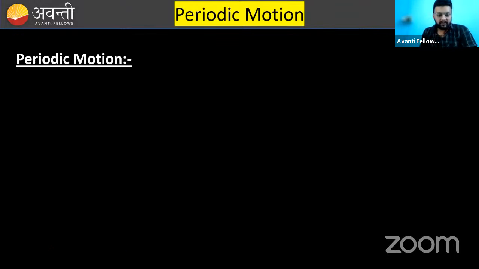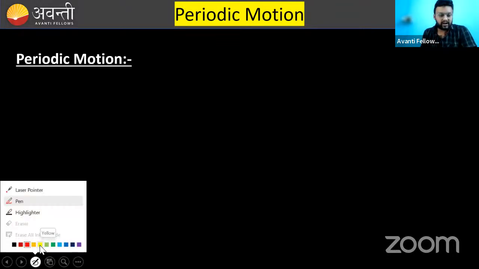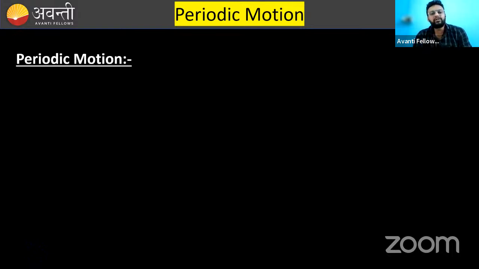First of all, we will start the session with the simple definition: what is periodic motion. If I say any motion which repeats itself after a fixed time is called a periodic motion. Like if I say that Earth is revolving around the sun and it repeats its motion every 365 days, or somewhat the similar time, it repeats its motion every year.